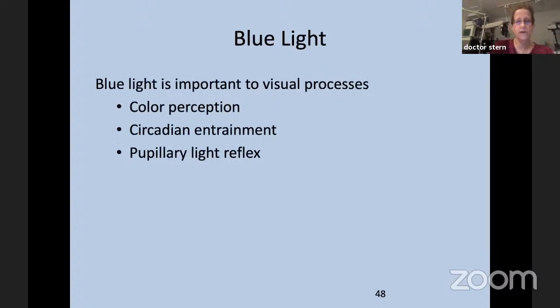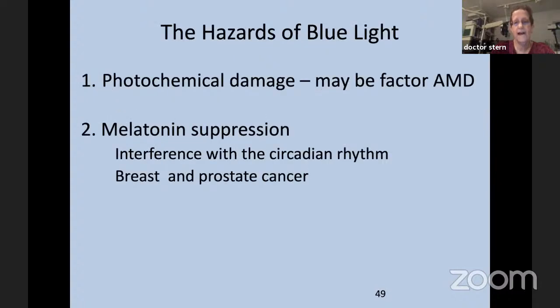So we know that blue light's important to visual processes for color perception. Obviously, we've talked about circadian entrainment and also for the pupillary light reflex. What are the hazards, if you want to call it that, of blue light? Well, we do know that too much blue light on the retina can cause photochemical damage.